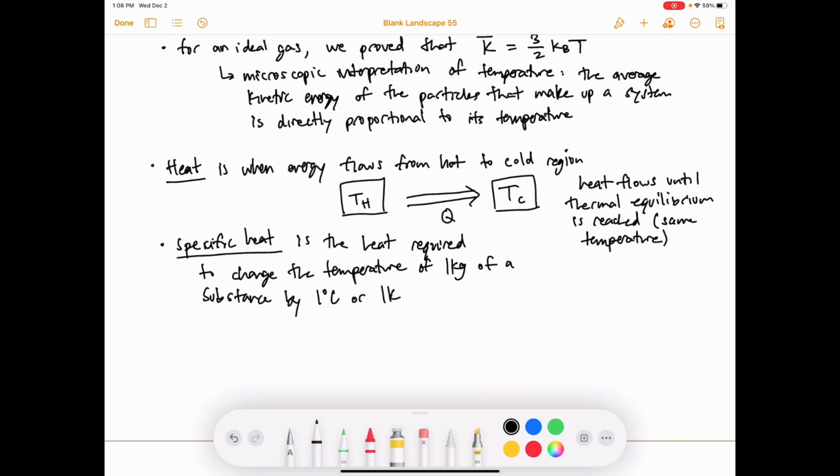So basically, the larger the specific heat of a substance, the harder it is to change its temperature.